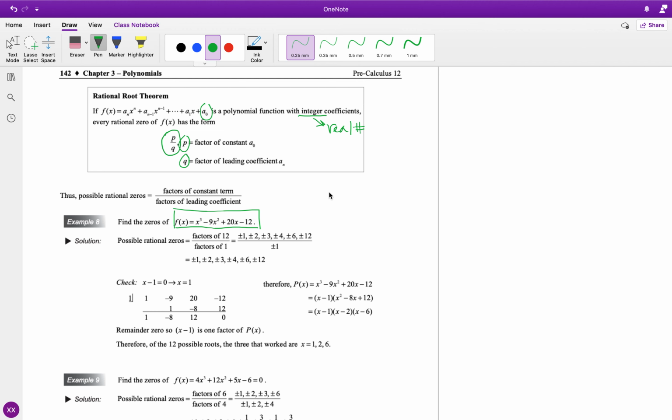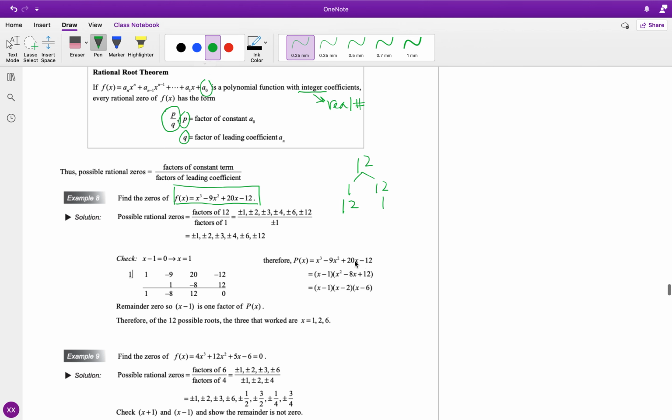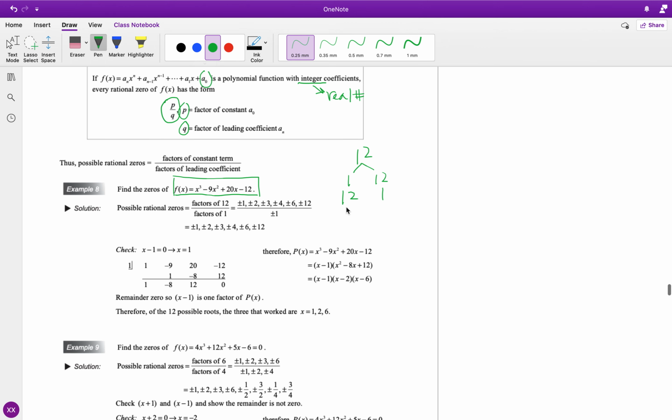So if we say 12, that could be 1 and 12, or another one is 12 and 1. So if this is easier for you to write, then that's fine, just switch them. Or there will be 2 and 6. So note, we always start with a small number, or 6 and 2. So they're basically the same thing.